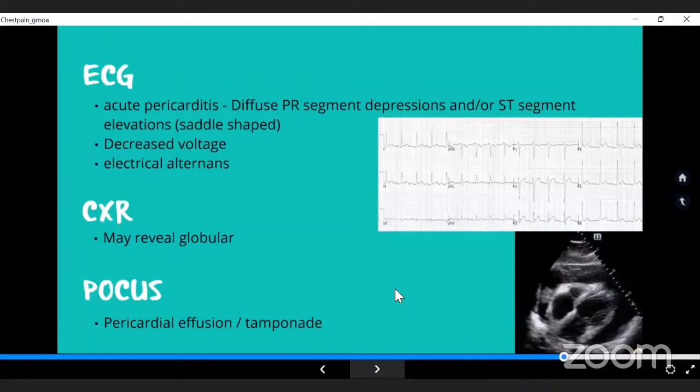So aVR has ST depression, saddle-shaped ST elevations in all the other leads, with PR elevation in aVR and PR depressions in all the other leads. That's the typical ECG finding. Chest X-ray might show a globular heart due to effusion.